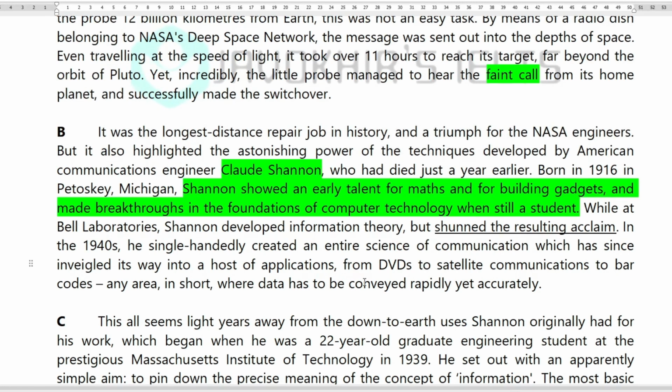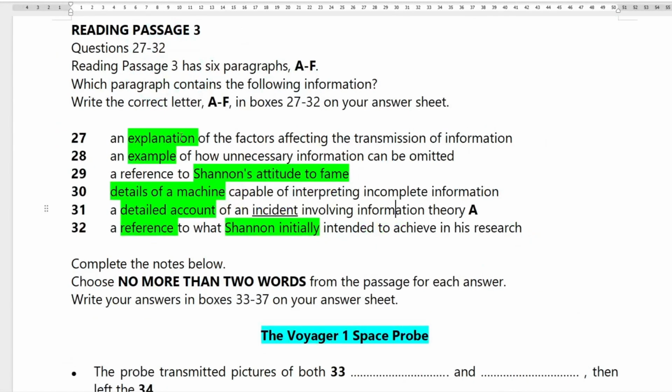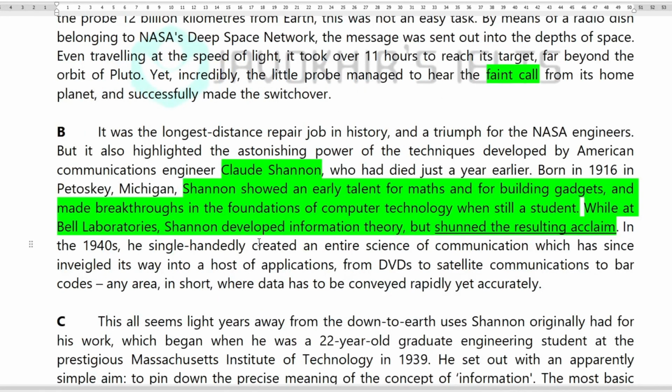This is a really good one. And the sentence, while at laboratory, Shannon developed information theory but shunned the resulting acclaim, I want to highlight that as well, because it is a reference to Shannon's attitude to fame. So Shannon developed information theory but shunned the resulting acclaim.